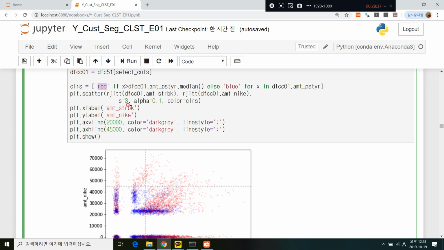We'll paint the point with red color. In other cases, we'll use blue color.